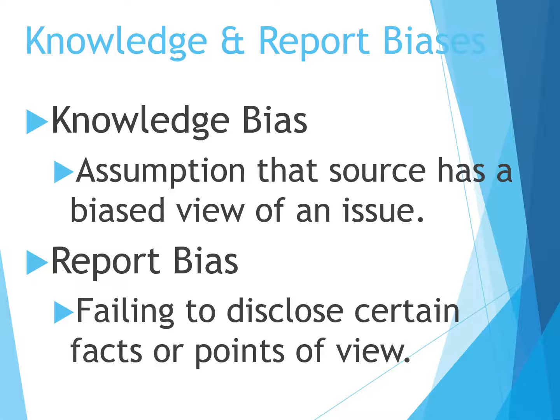So we're going to talk more about this idea of acknowledging the opposing viewpoints in the next chapter, which is dealing with message factors. But for the end of this chapter, I just really want us to be aware of the fact that we live in a society that is full of biases.